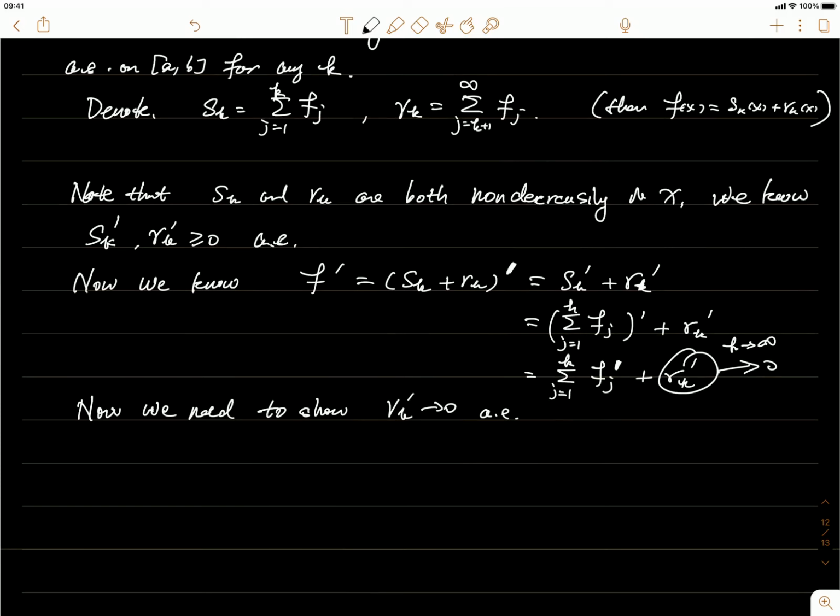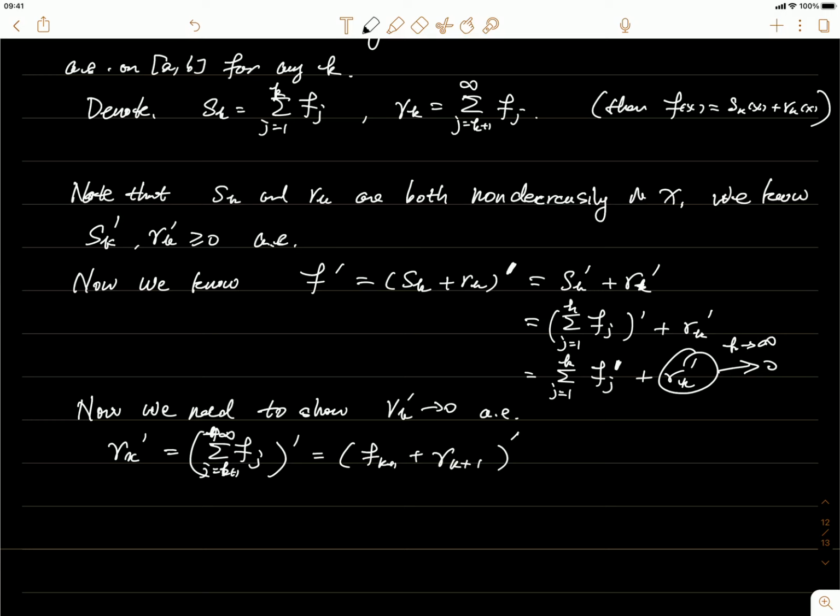Okay, and to show that, first notice that r_k prime is equal to the derivative of the sum of f_j, j from k+1 to positive infinity, and it can be written as f_{k+1} plus r_{k+1}, prime.